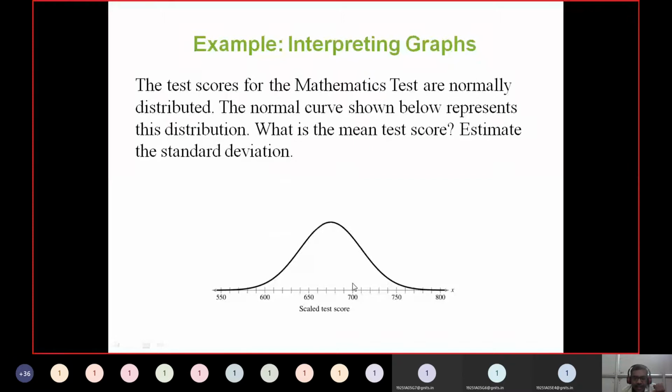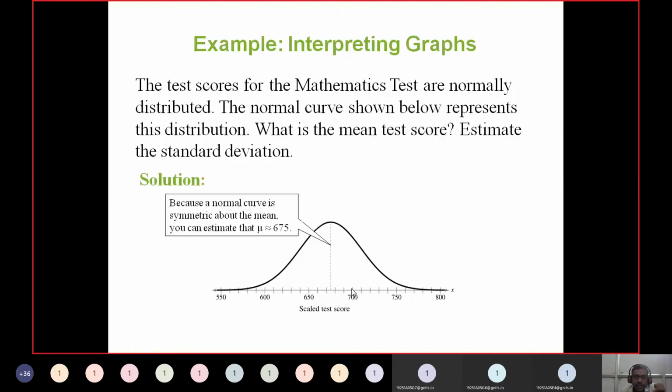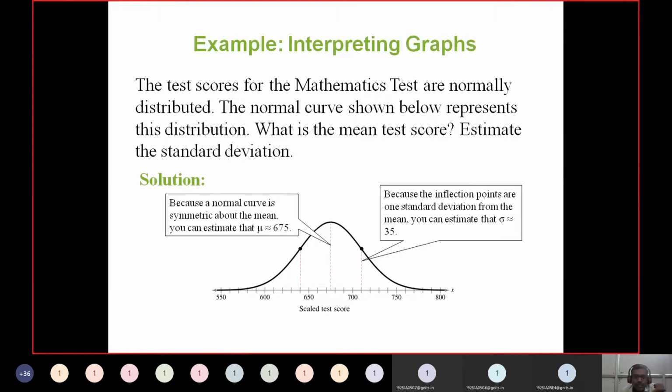So this is 700, and this is 710. Do you agree that at 710 the concavity changes?